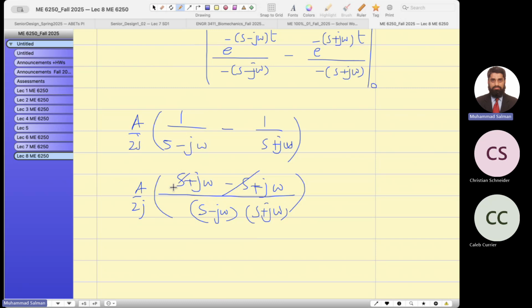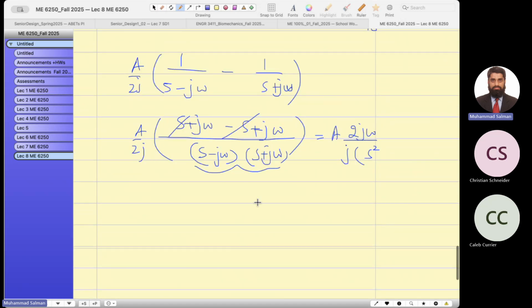So s is cancelled by s. So 2j omega. And this is s square, like the a square minus b square formula, a plus b into a minus b. So minus b square, which is minus j omega whole square, which is equal to s square plus omega square. So j is cancelled by this j.